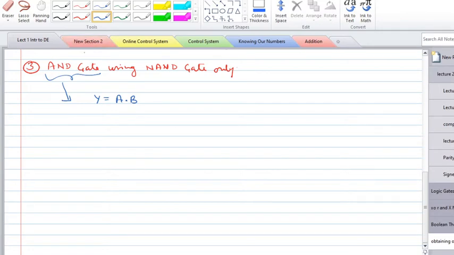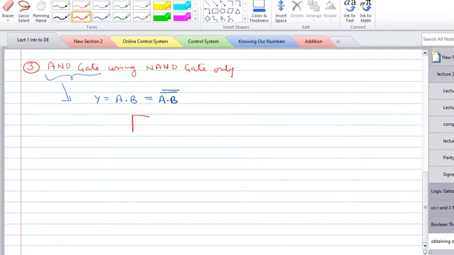Taking 2 times bar here, the results will remain the same. So it's very simple here. This is an internal NAND gate.